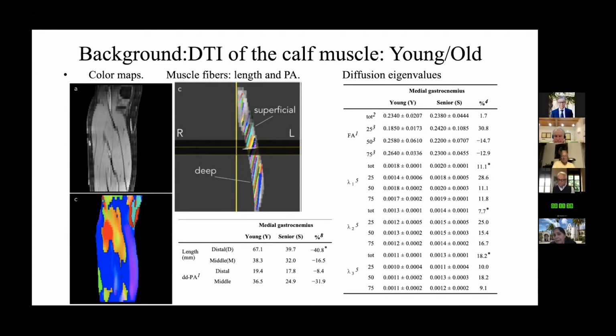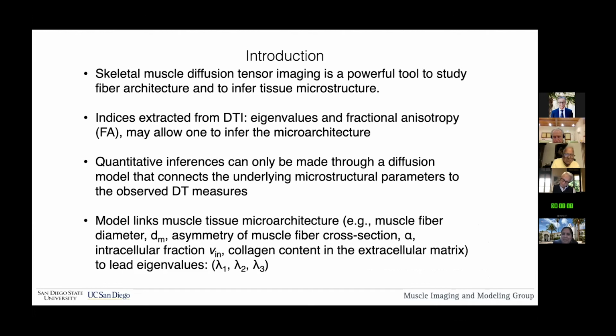And then the idea is that there could be two different mechanisms. That means an increase in the extracellular volume accompanied with a decrease in fiber diameter might preclude us from making any judgment on which particular parameter is changing, because we are only making gross measurements. That led us to the modeling project. So the introduction is coming only now.